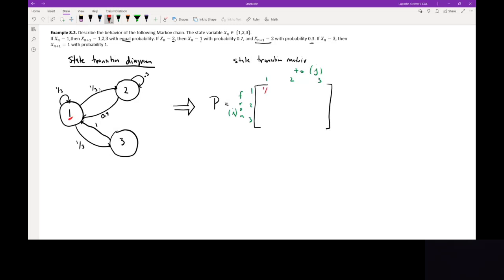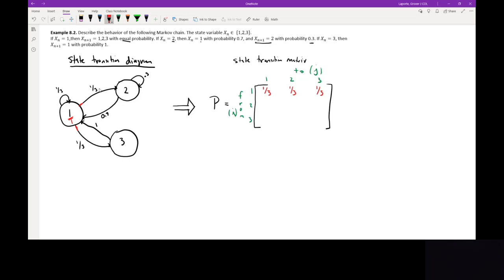Well, it's 1/3. If I'm in state 1, what's the probability that I go to state 2? Well, it goes along this line, so it's also 1/3. And then if I'm in state 1 again, the probability that I go to 3 is this guy right here, and it's also 1/3.